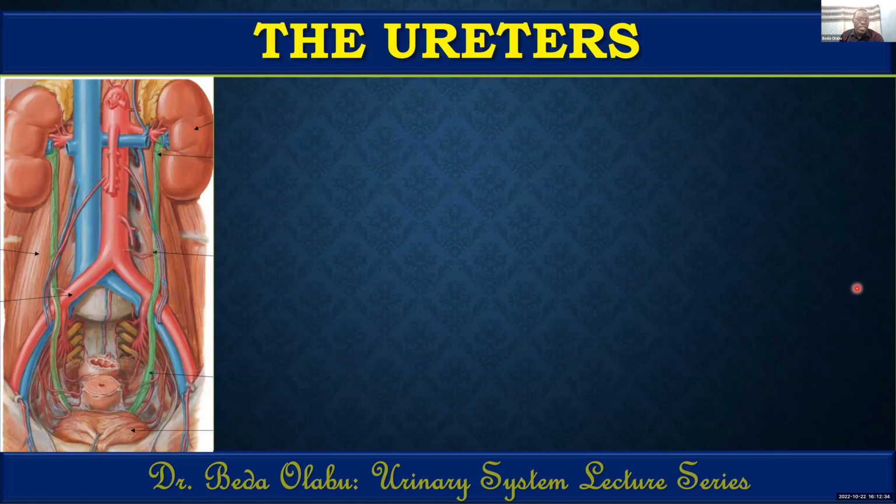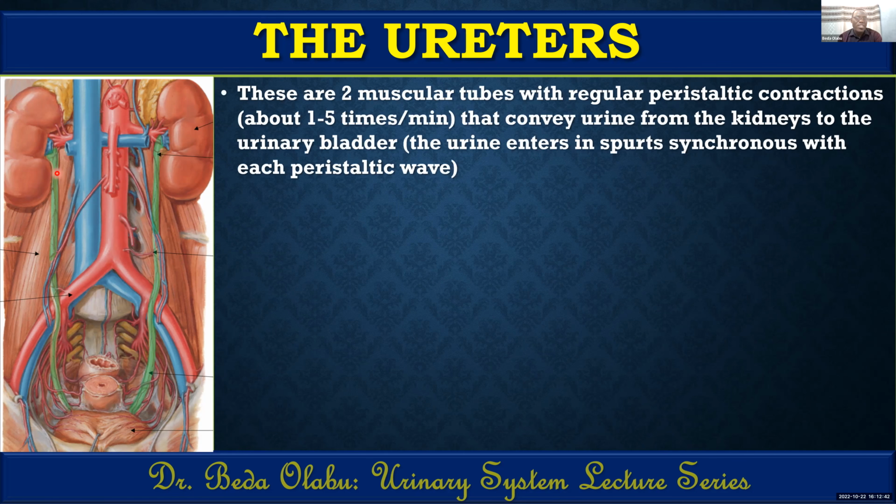So these are the ureters, the ones represented by the green shading on either side. The ureters are muscular tubes. Usually they have peristaltic activity that is experienced about 1 to 5 times per minute.